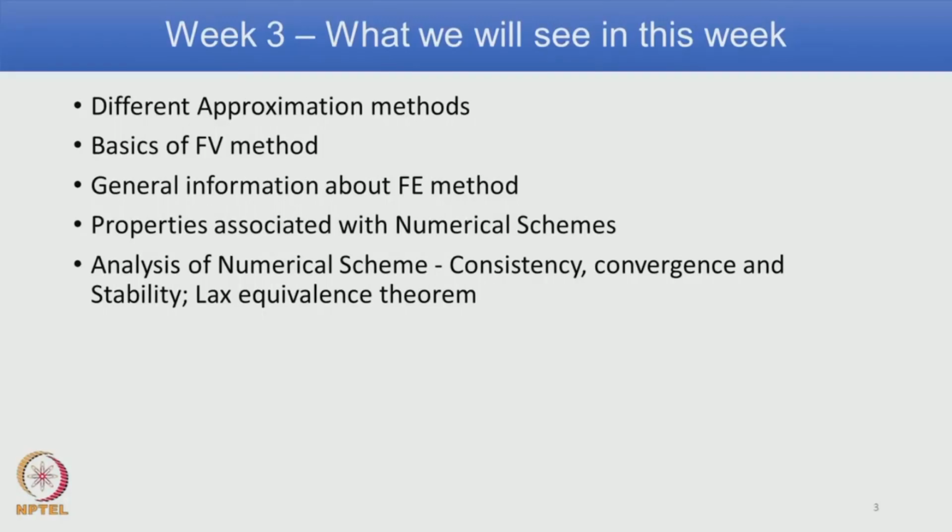Then each of these schemes has some properties associated. We are going to have a definition of these properties, an explanation about these properties with some examples considered. Then whether the numerical scheme that you have chosen is good enough and what it should have.